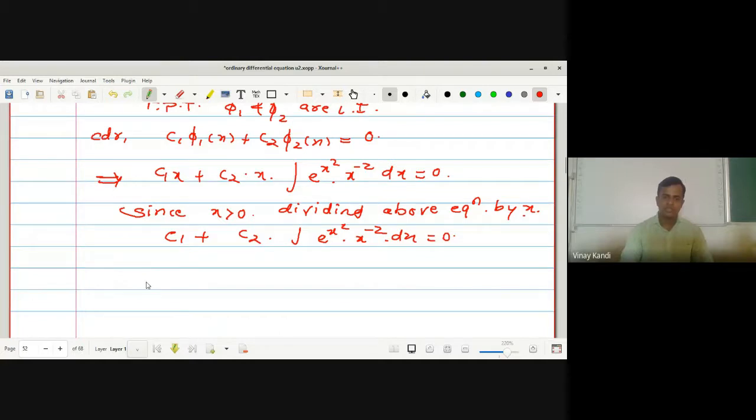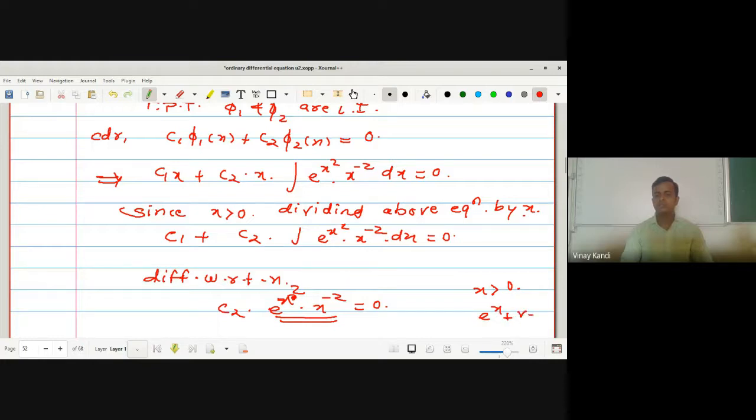Differentiate with respect to x, we get c2 into e raised to x square into x raised to minus 2, which is equal to 0. But this is never 0 because x is greater than 0 and e raised to x is a positive function always.